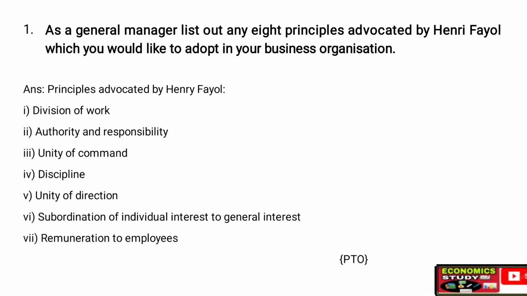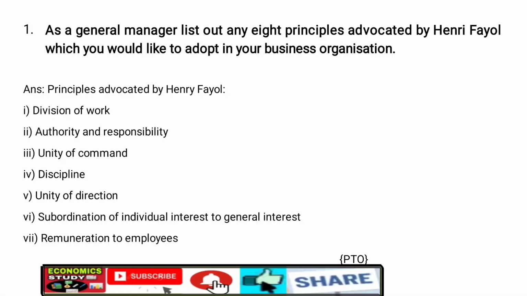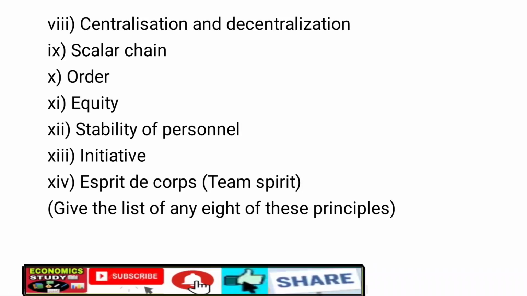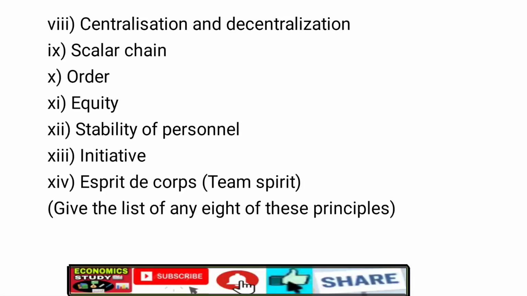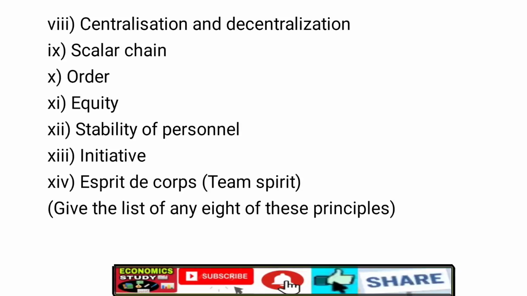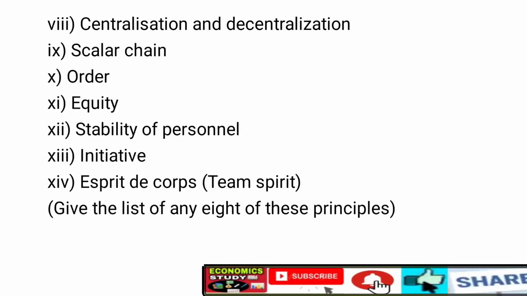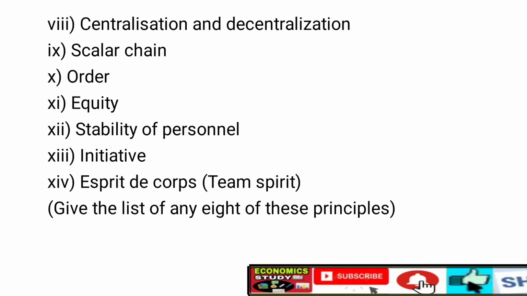Seventh, remuneration to employees. These are the important 7. Next 7, totally 14 principles are there. You need to mention only 8. You need to list any 8 of these principles.